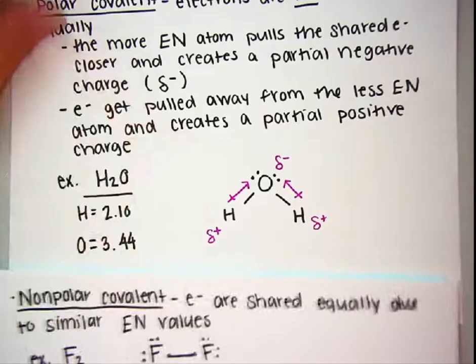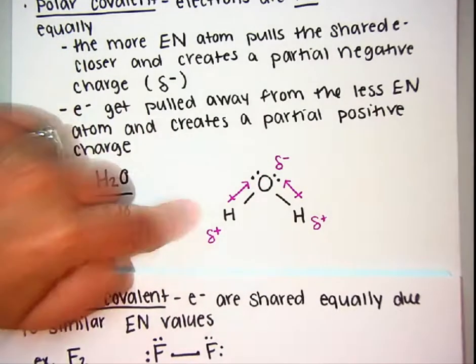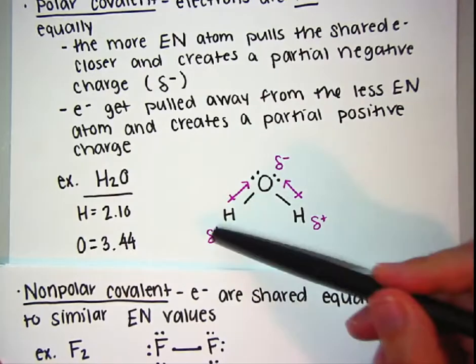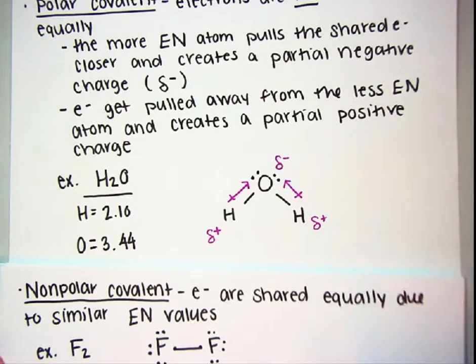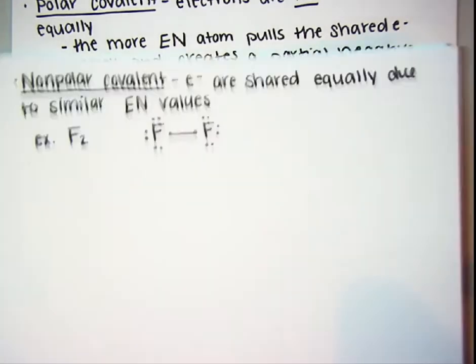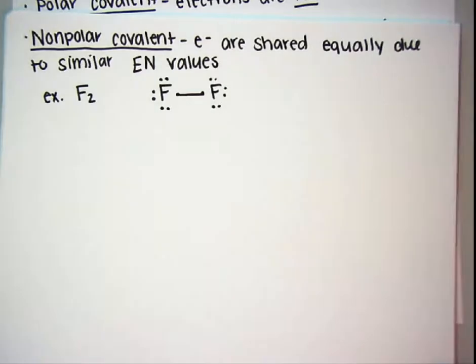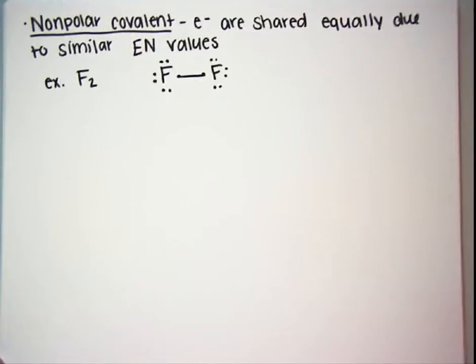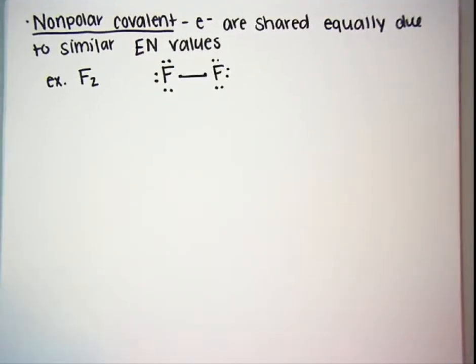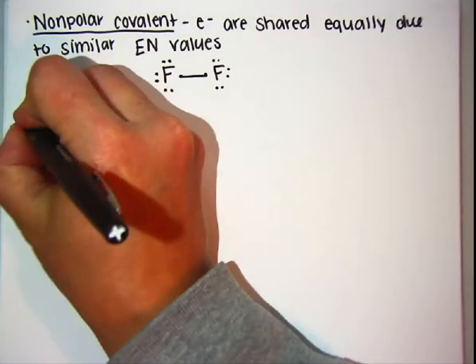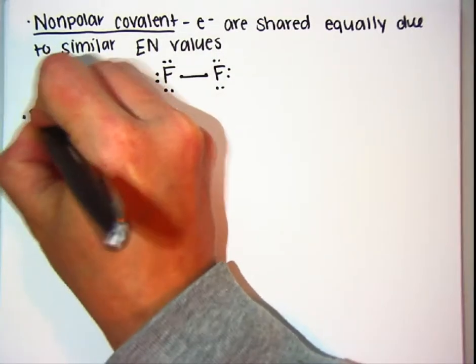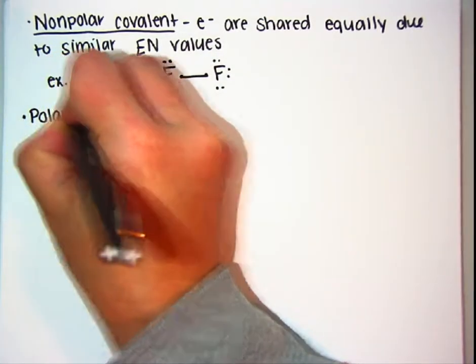A polar covalent compound does have multiple poles. It has a positive pole, it has a negative pole, so that is considered polar. So make sure you understand the difference between a polar and a non-polar compound. For the rest of the lesson today, we're going to talk a little bit more about polarity.